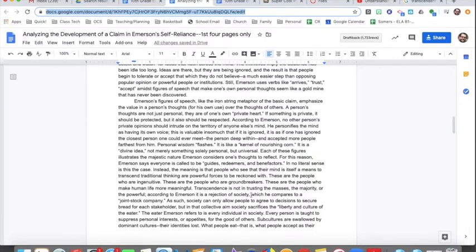just like groups of people, just like individuals who invest in stock in a company, all that allows them to do is to agree on decisions to secure bread for each stakeholder. In other words, for you and all the other people who invest. But in that collective aim, society sacrifices the liberty and culture of the eater, he says.